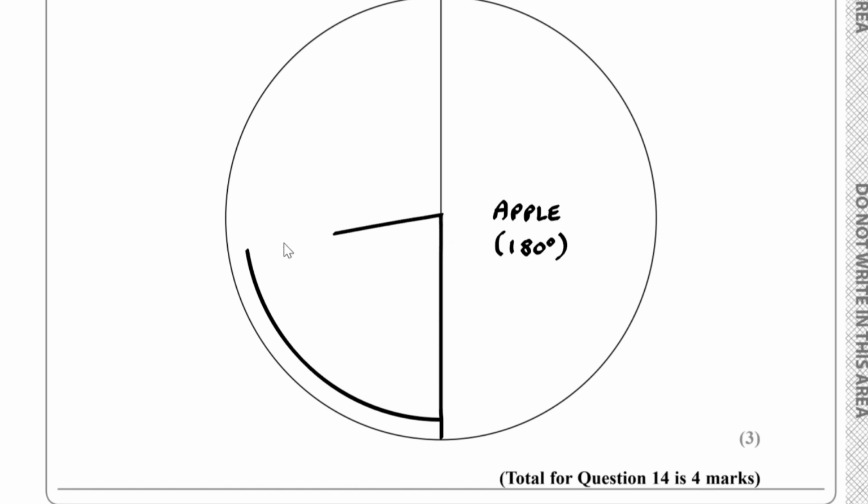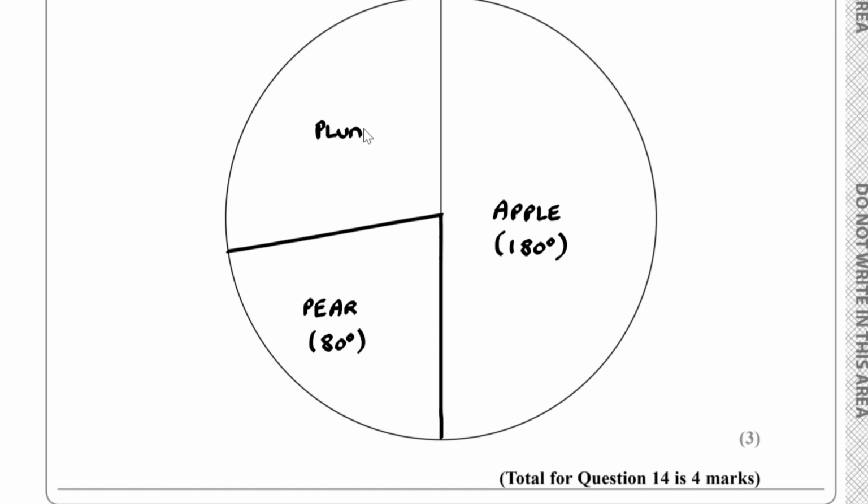So we join this up with this. So for pear we would have 80. And for plum then we'd have the rest of it, which is 100 degrees. Here is the completed pie chart.